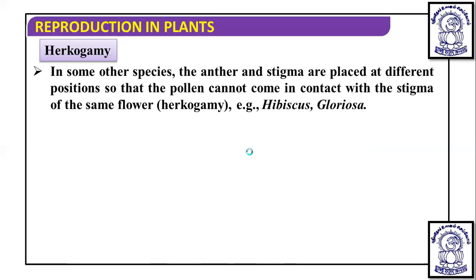It is a physical barrier established between the anther and stigma by a different position of both, and it is known as herkogamy. This herkogamy is found in hibiscus and gloriosa.